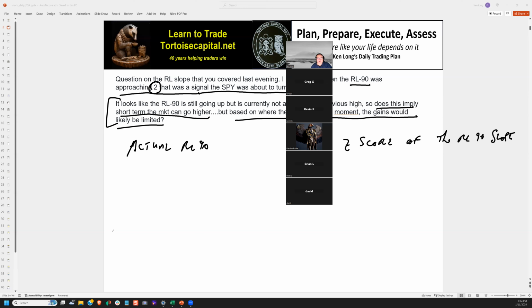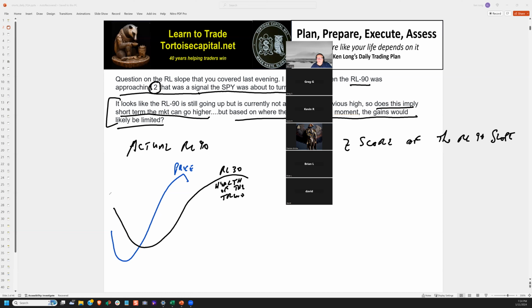The first one is the RL10, which is the price, which we indicate in blue. And then there's the RL30, which we think of as the health of the trend. And that constitutes the fast pair.